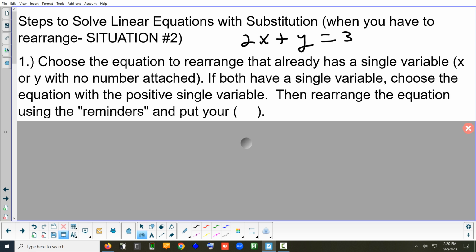That's an example of an equation with a single variable, and there is no number attached to it. That's what you're going to want to try to get by itself: a single variable with no number attached.